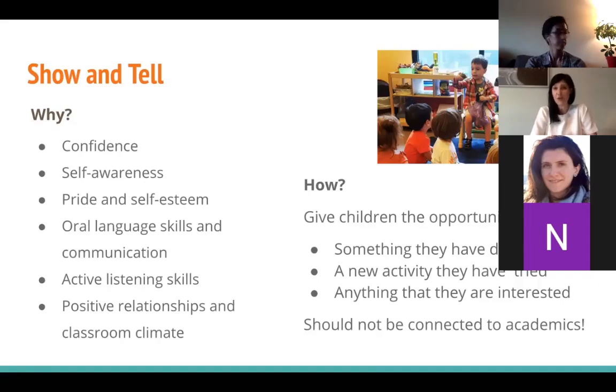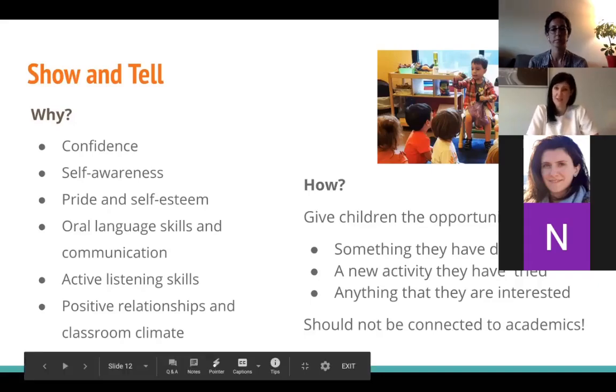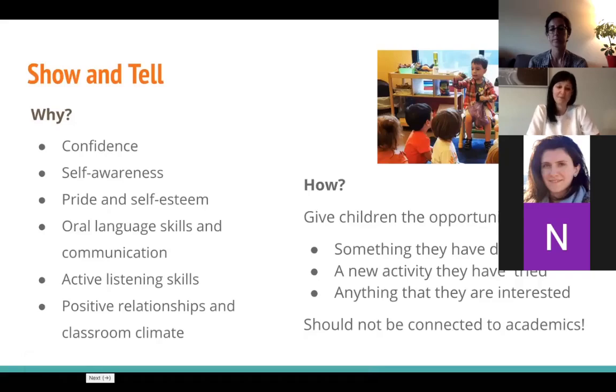And it all links, especially with your language development. So I think it's a very good way of implementing SEL in early years and primary classrooms.